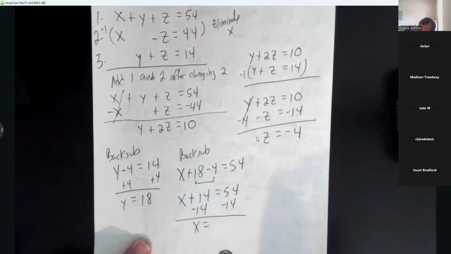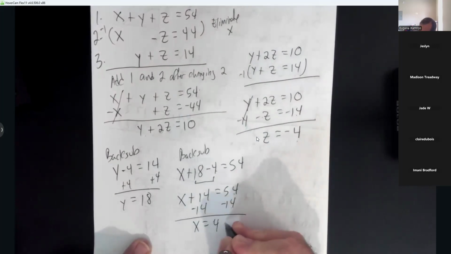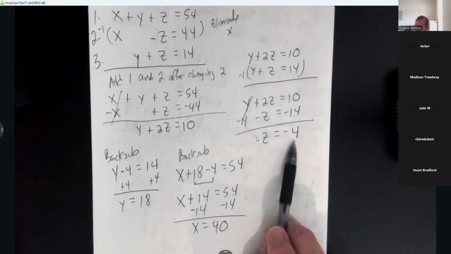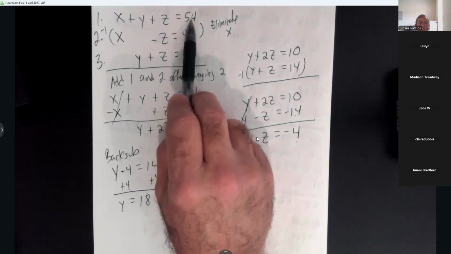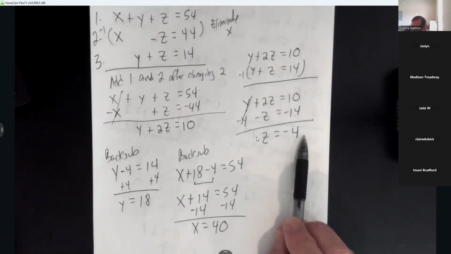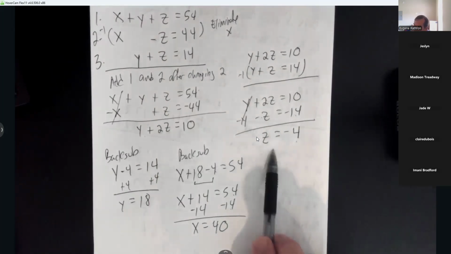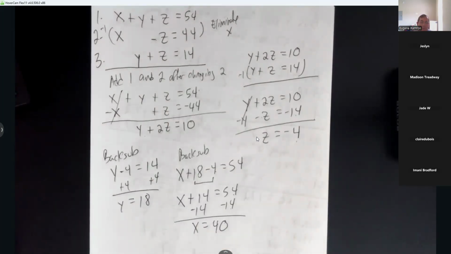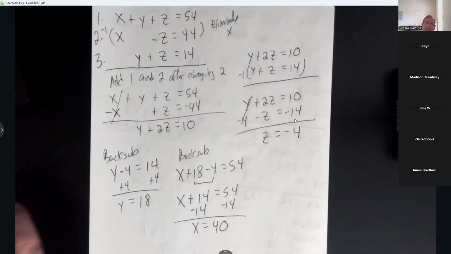And 54 minus 14, what's that? Oh, that looks like 40. So 40 plus 18 is 58, minus 4 equals 54. 40 minus a -4 would be like 40 plus 4 gives me 44, and so on, okay? But all these answers will make all 3 of the equations true.